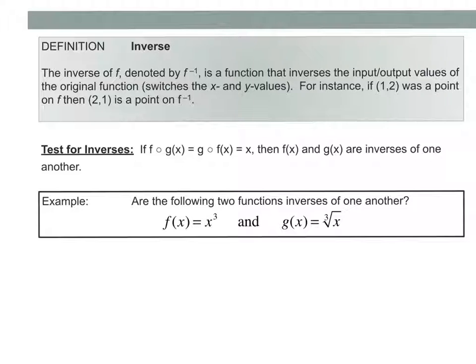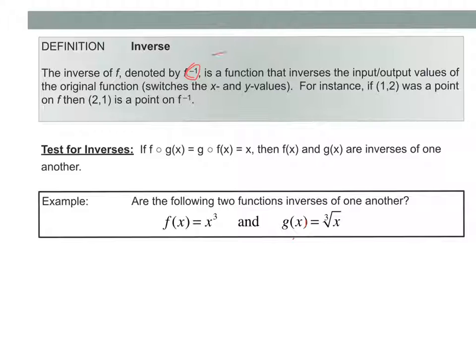He had x to the power of -1. X to the power of -1 means 1 over x, right? That's not an inverse. That's using a negative power. In this situation where you see f to the power of -1, that does not mean a negative power. That means inverse. I know it's kind of a crappy notation, but at some point they decided to use it. So don't confuse it.